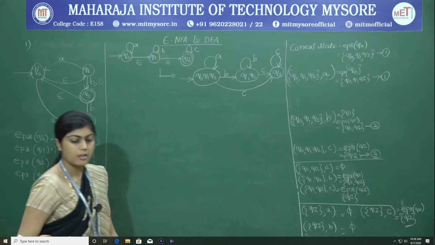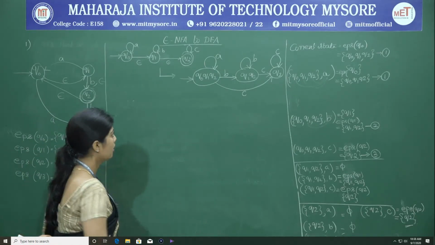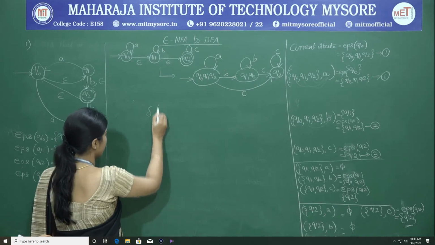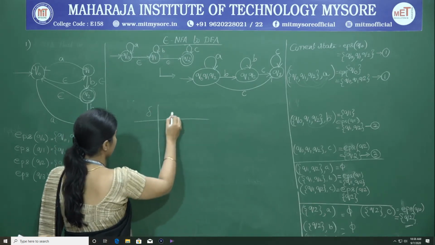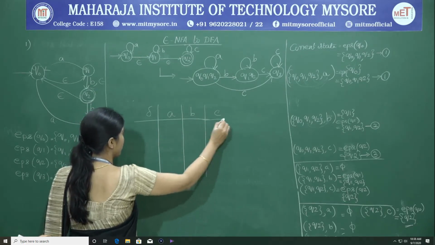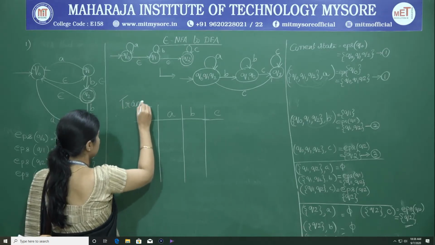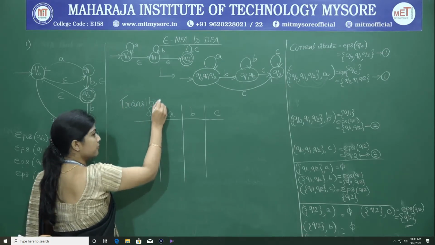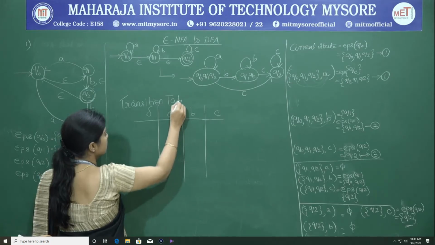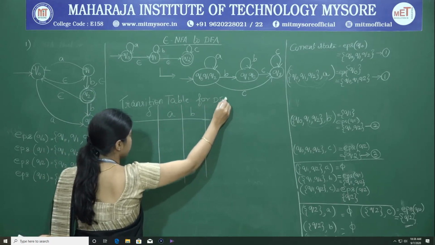So here the algorithm can also be asked for 5 marks. So the transition diagram is, we write delta here, we write all the input symbols, that is A, B and C. So we will have to be careful here. This is the transition table for the DFA.